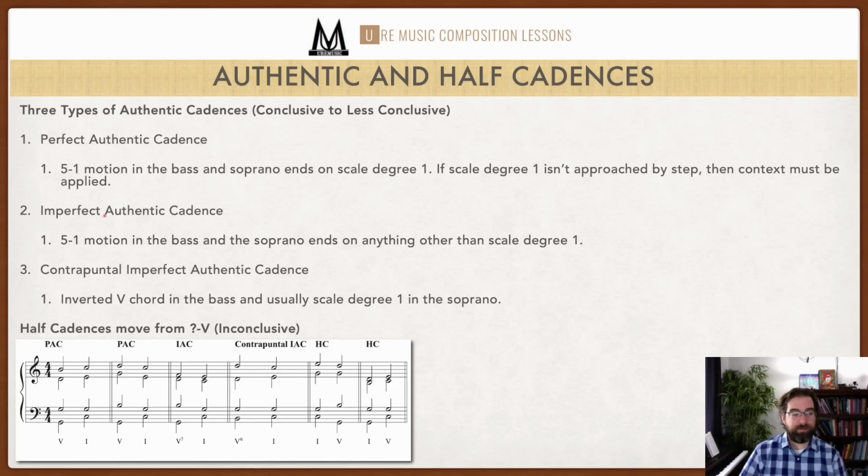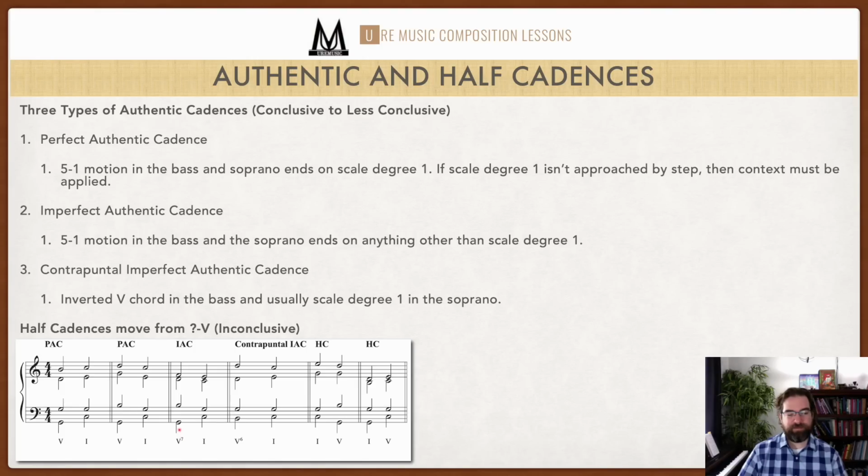If we look at the imperfect authentic cadence, that's just a little less perfect than the perfect. Notice in this example, I only have one. Scale degree 3 is in the soprano. It's still approached by step, and that naturally happens because we tend to want to use stepwise motion. It would still be a perfect authentic cadence because you have the 5 to 1 motion, but this stepwise motion into a third instead of scale degree 1 in the soprano makes it an imperfect authentic cadence.